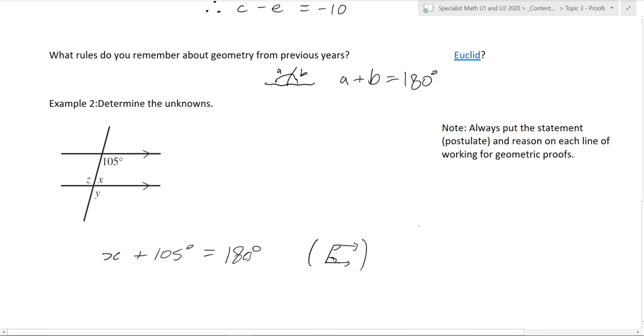So I don't know if you remember that. We've got two parallel lines, these two angles equal to 180. That's like the first line, and then to find x, we bring that 105 over to the other side. 75 degrees.